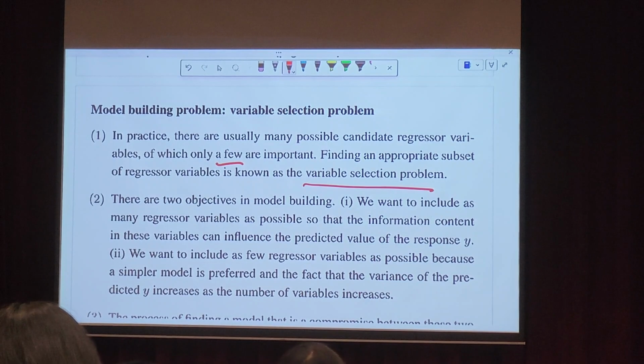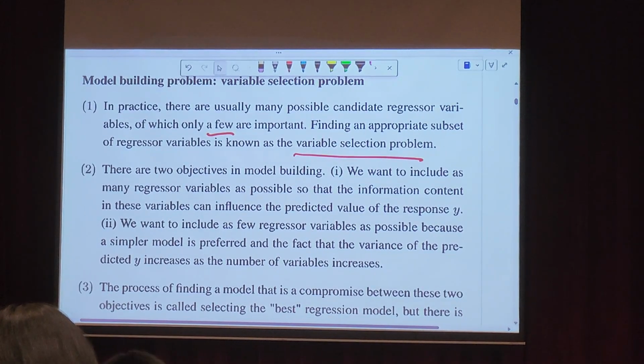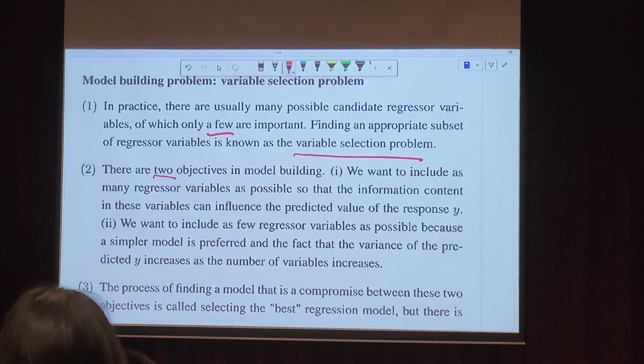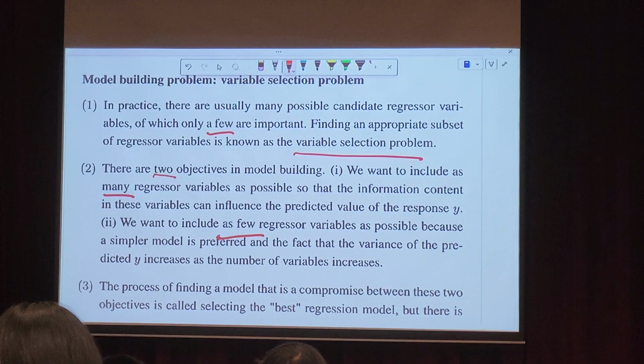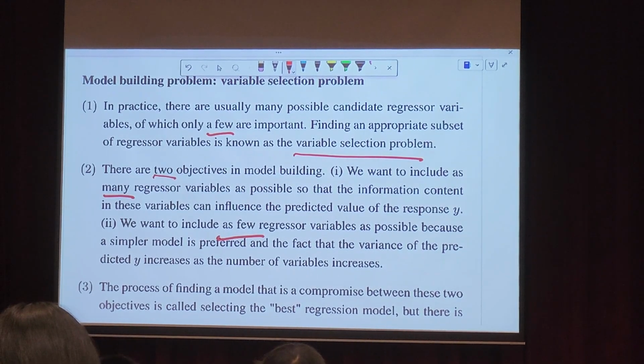Now, there are 2 objectives, and these 2 objectives are conflicting. Number 1 is we want to include as many as possible so that we don't lose anything, we don't skip any variable that is important. At the same time, we want as few as possible, because a simpler model is always preferred.